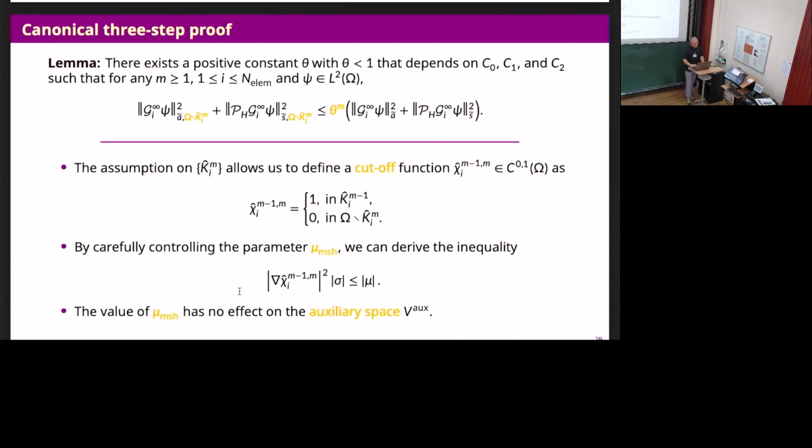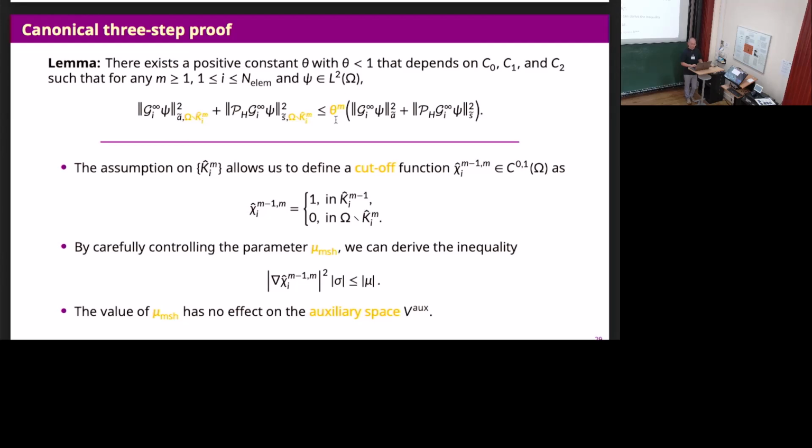This basically shows the localized property that I discussed earlier. If you consider the global basis, where this G infinity is the basis that we form in the whole computational domain, and you look at the value of this global basis outside some oversample region, it is small, because it is bounded by theta to the power m.